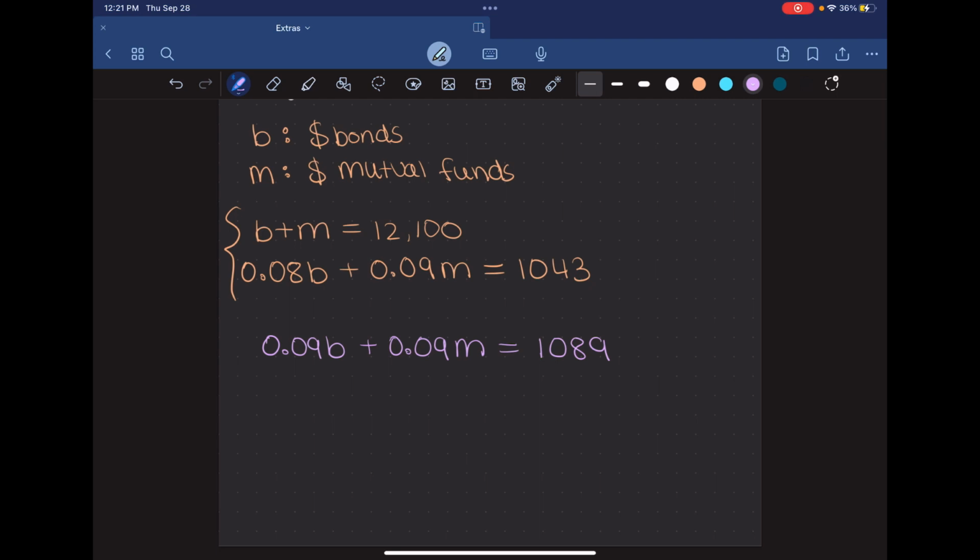I'm going to stack that with my second equation, 0.08B plus 0.09M is equal to 1,043. And I can subtract these equations.